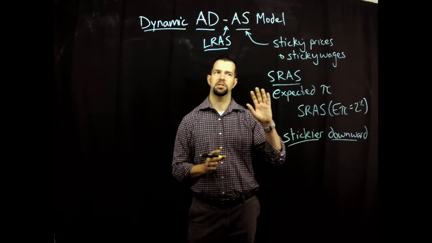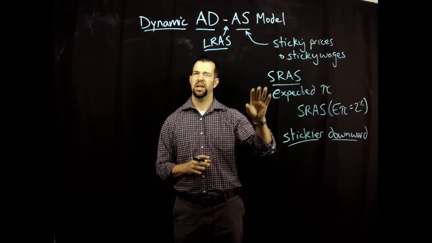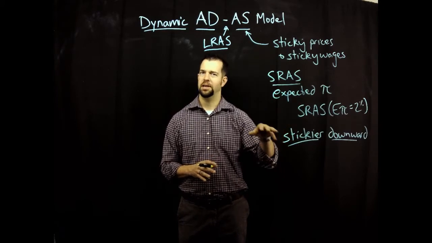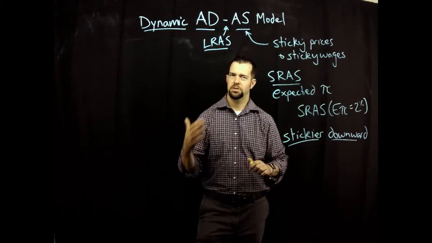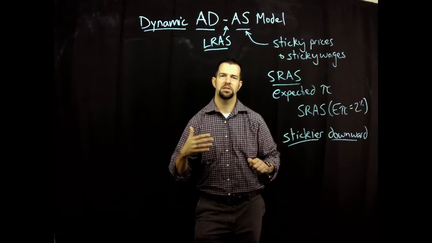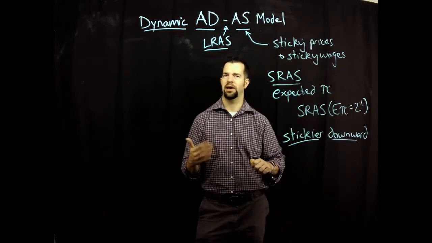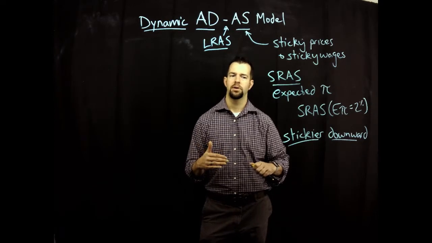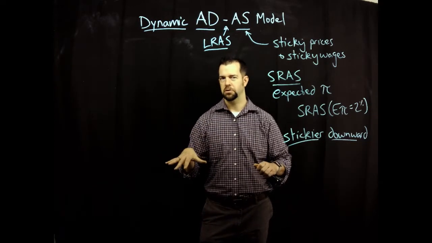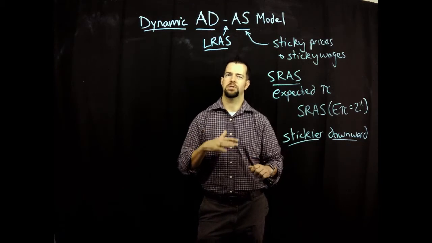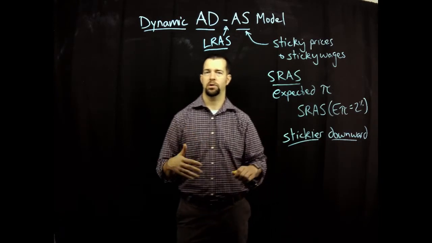Prices are still sticky upwards, and wages are still sticky upwards, but they're much stickier on the downside. There's a reluctance of businesses to lower their prices even though they still have items on the shelf, but they'll eventually lower those prices. They're even more hesitant to lower the nominal wages of the workers they're hiring.